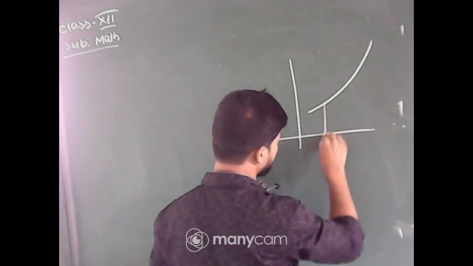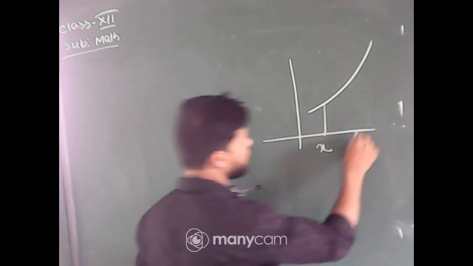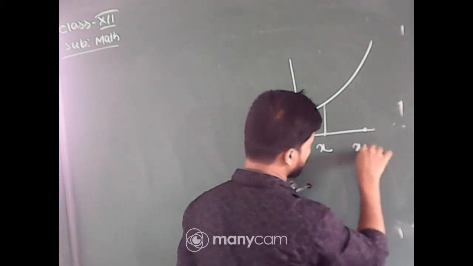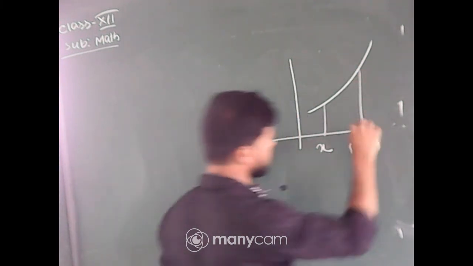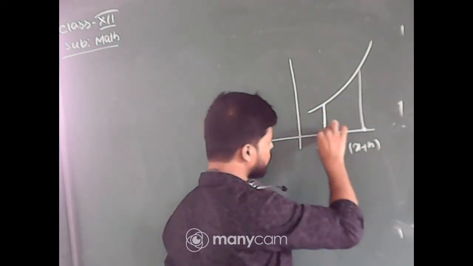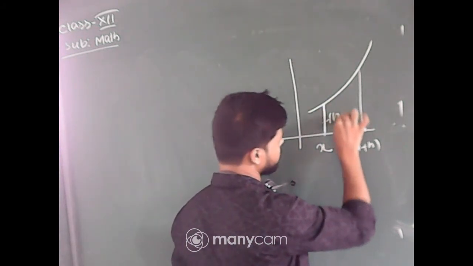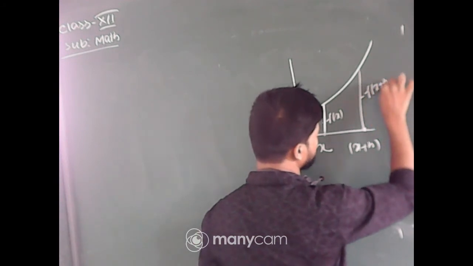One point is, suppose, x, and one point is here, which is x plus h, where h is greater than 0. So this value is f of x, and this value is f of x plus h.